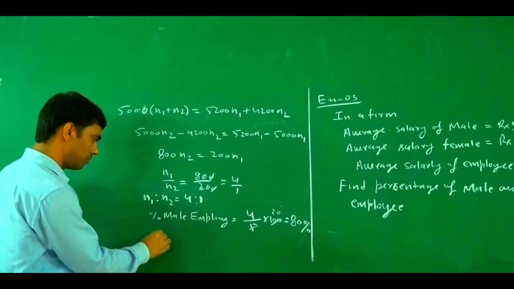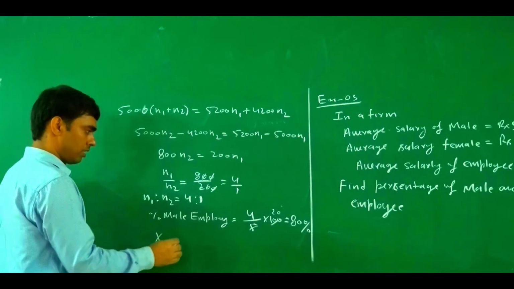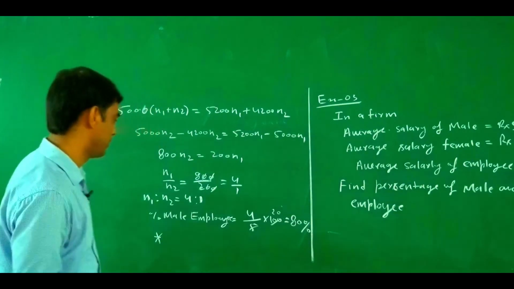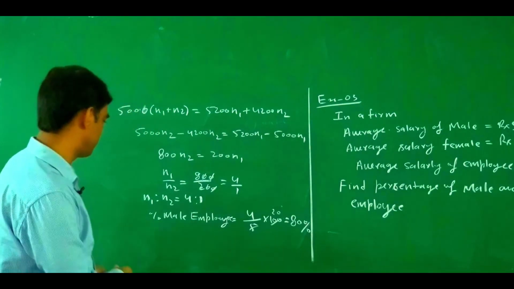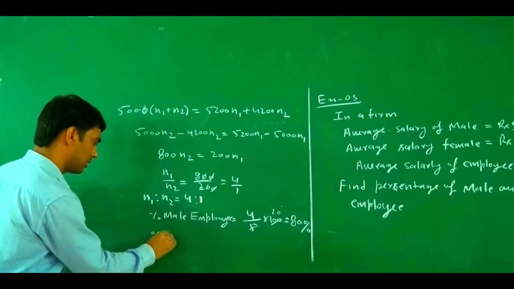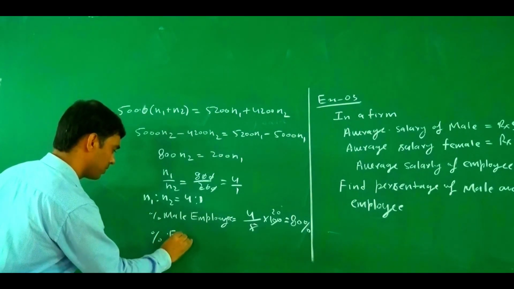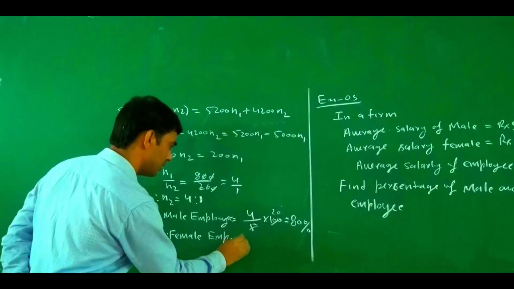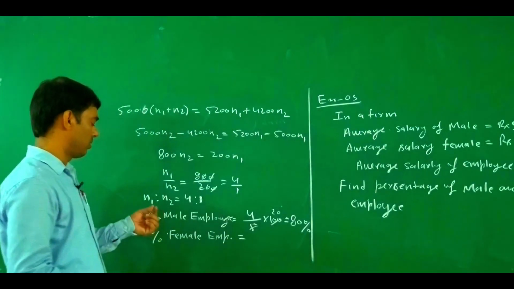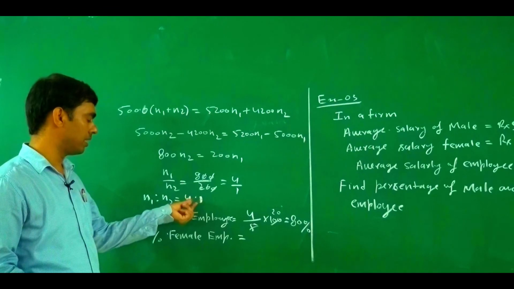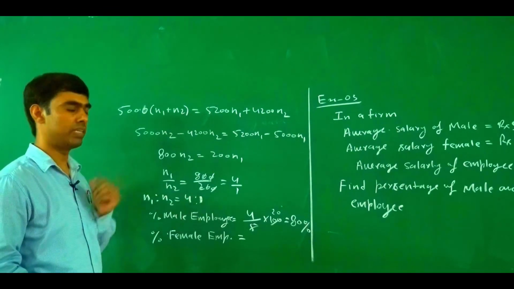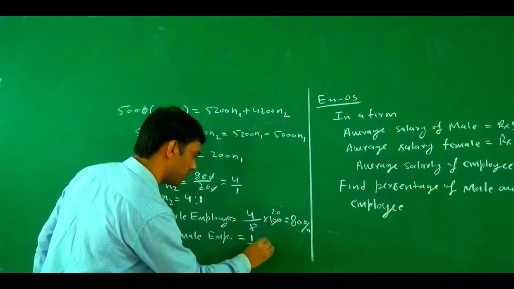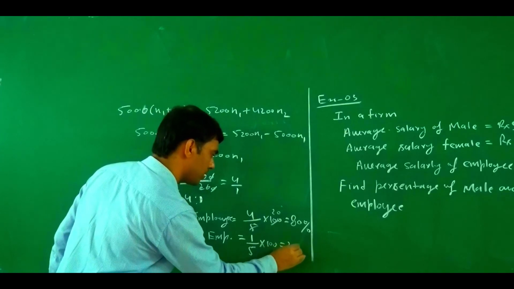And the percentage of female employees: if there are 4 male employees, then there is 1 female employee. So the percentage becomes 1 divided by 5 into 100, which equals 20%.